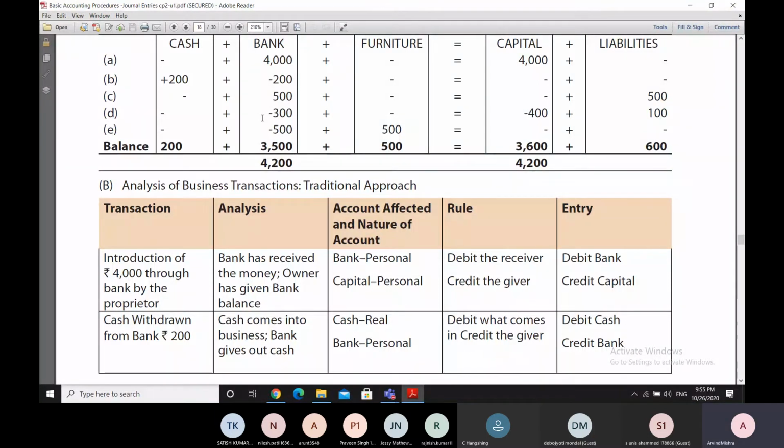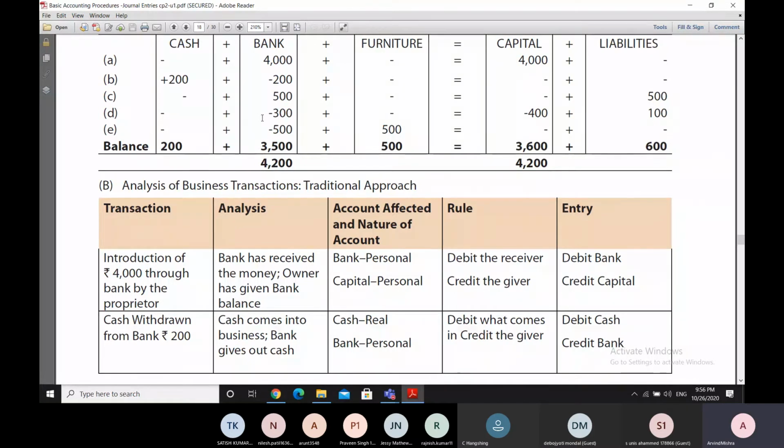And we say debit the receiver, so debit bank, bank being the receiver, and we credit the giver, credit capital. Capital is the provider of the funds, because funds are flowing in through the capital account.